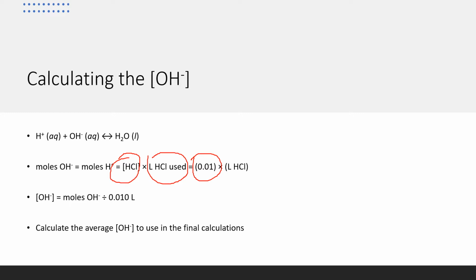The number of moles of H plus is equivalent to the number of moles of OH minus because it's a 1-to-1 stoichiometric equivalence. Finally, we can calculate the concentration of OH minus in each aliquot by dividing the number of moles of OH minus, which you simply found up here, by 0.010 liters, because that's our 10 milliliter aliquot. You'll get 3 values, and then you should take the average of those 3 values and calculate the average concentration of OH minus to use in your final calculations.